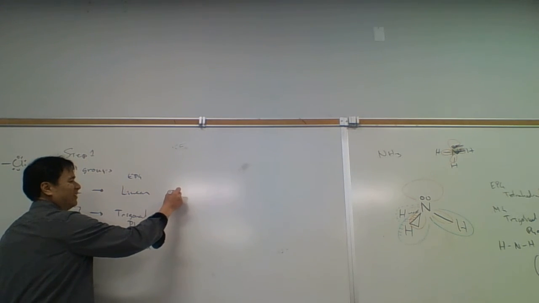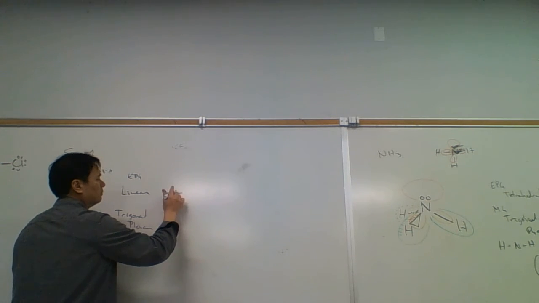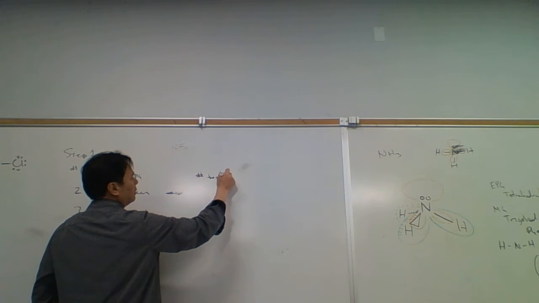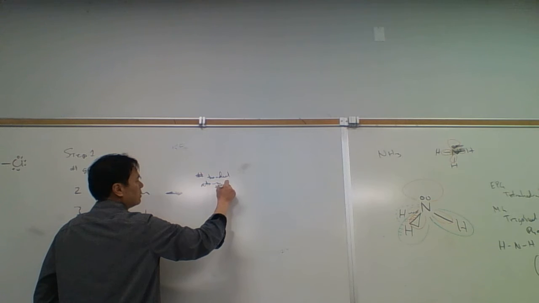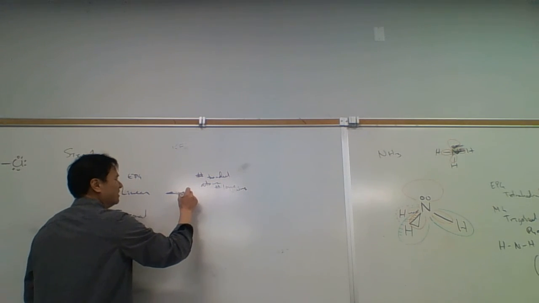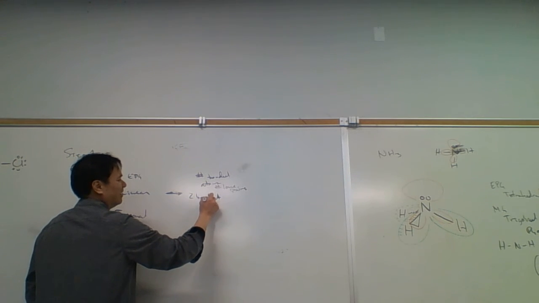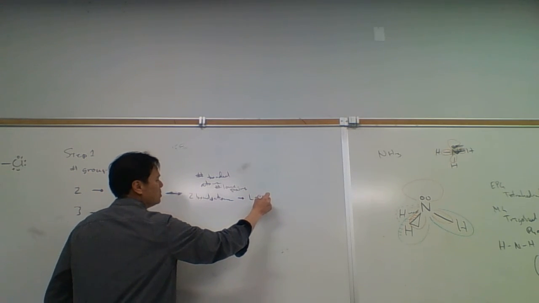Typically with linear, we just have 2 bonded atoms. That gives us linear MG.